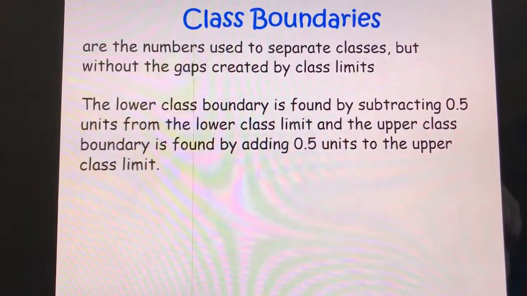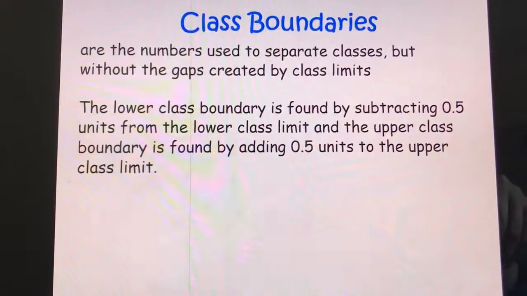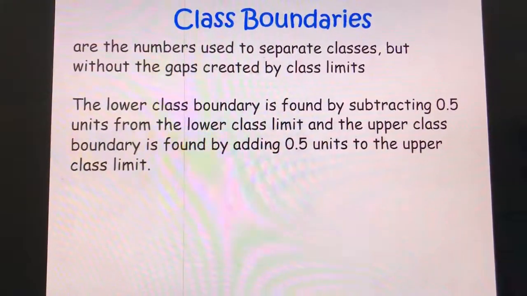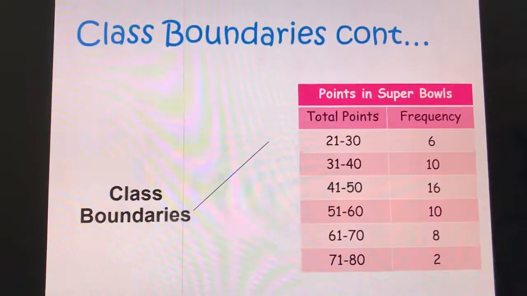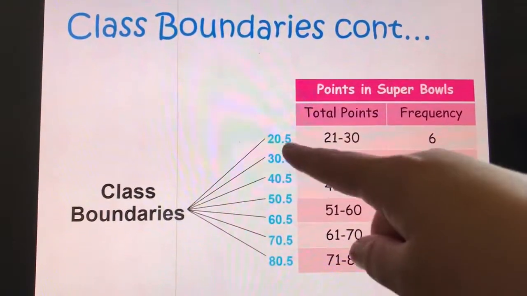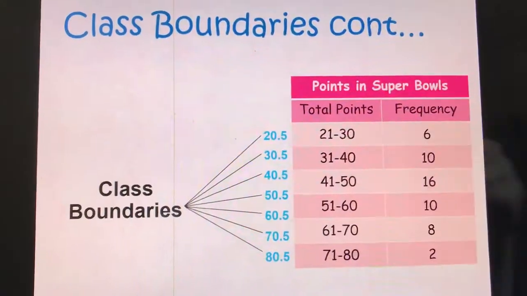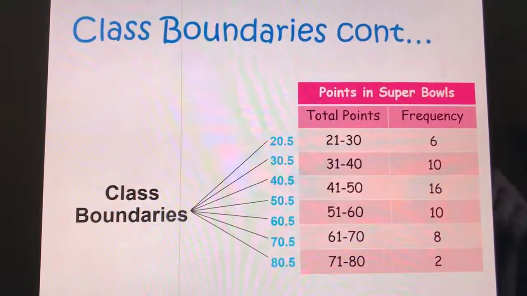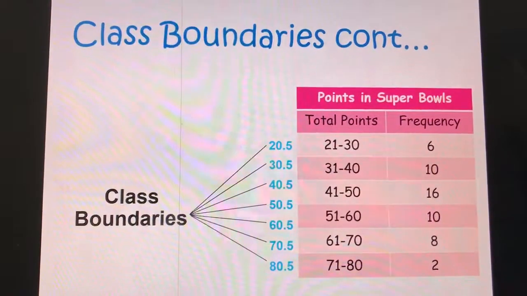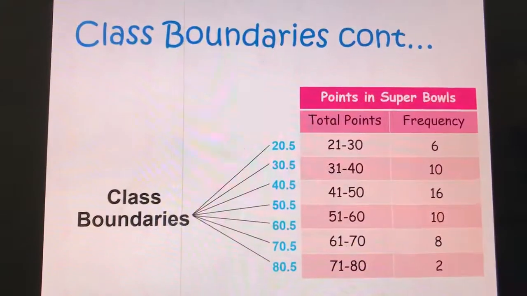So the lower class boundary is found by subtracting 0.5 units from the lower class limit, and then the upper class boundary is found by adding 0.5 units to the upper class limit. So if you take 0.5 away from 21, you're at 20.5, add 0.5 to 30, you're at 30.5, and so forth. So those would be your class boundaries, and like I said, I think I have one example on here where I use those, but typically I don't. Typically I just label things with the classes.